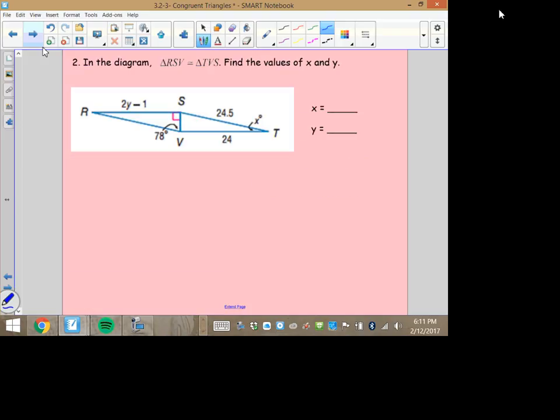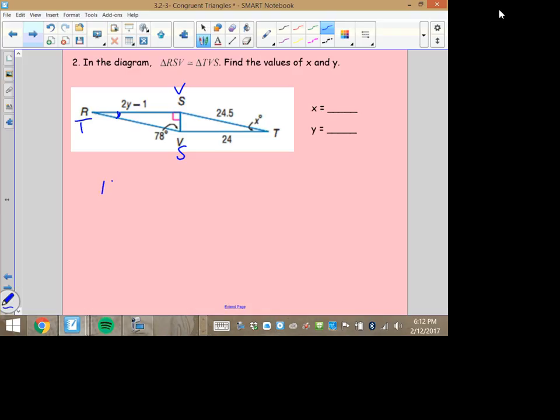Our next diagram here, we can see that triangle RSV is congruent to triangle TVS. So we're going to find the values of x and y again. So triangle RSV lines up with TVS. So you can see they're almost like flipped upside down. So we know that angle T lines up with angle R. And we know that angle R is 180 minus these two.